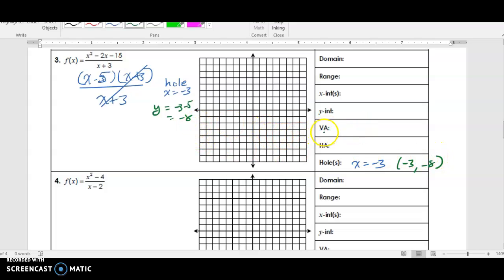Then we have to find the vertical asymptote. If there is anything left in the denominator after cancelling, that would form a vertical asymptote. As of now, there is no vertical asymptote, so it is none over here. To find the horizontal asymptote, you will see the degree of the numerator and the degree of the denominator. The numerator's degree is 2 and the denominator's degree is 1.